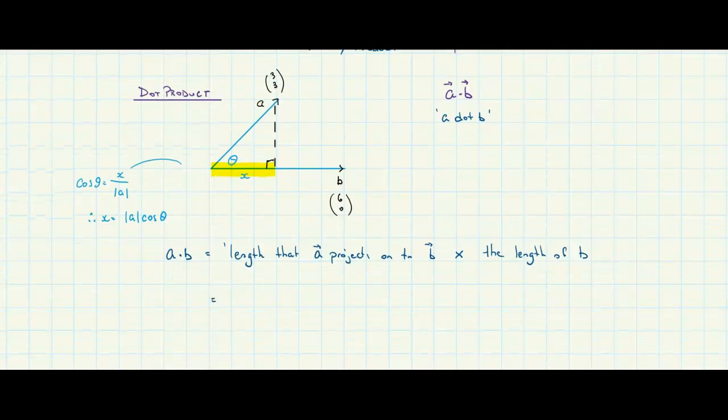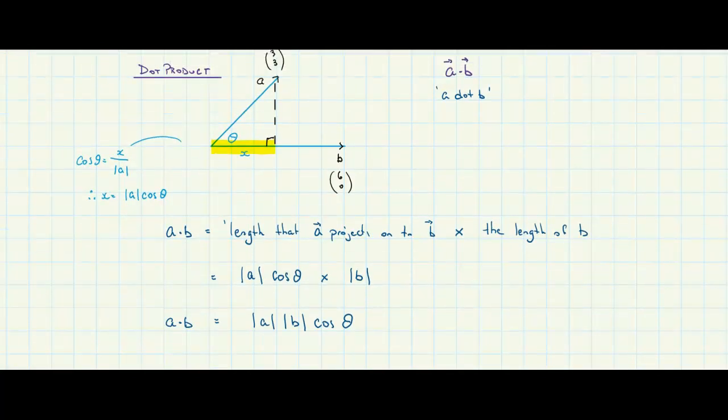So I'm going to now write that as A cos theta multiplied by the length of B, which is just this. And written in a neater way, we could write it as A B cos theta, and that is my dot product.